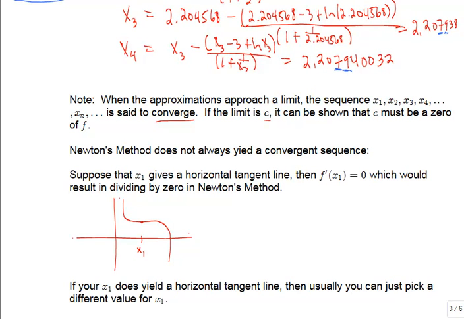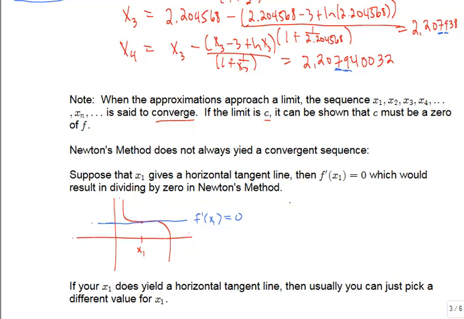What would the tangent line to that graph look like? Well, it's going to be horizontal because our graph is flat right there. And what do you know about the slope of a horizontal line? The slope of a horizontal line is 0, and the slope of this tangent line is the same as the derivative. So since this is horizontal, we know that the derivative at x sub 1 here would be 0.